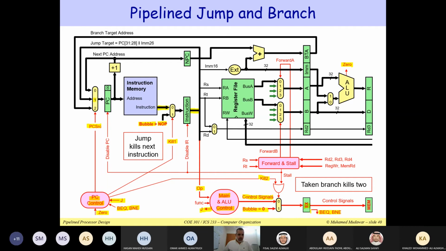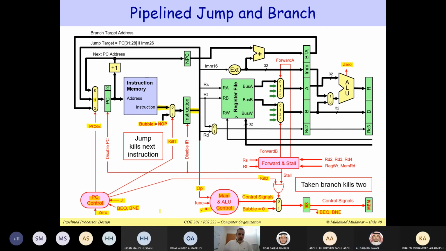So we have a branch followed by a jump, because the branch has already reached the execute stage, and the jump is in the second stage of the pipeline. So the PC control is going to receive J equal to 1, and branch equal to 1. Basically it's going to receive 2 control signals and the 0 flag equal to 1. So it sees that the branch is taken, it sees that there is a jump. After that, it's going to branch, it's not going to jump. Okay, it's clear.